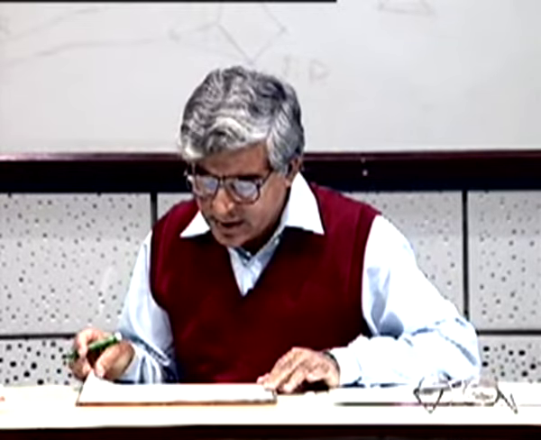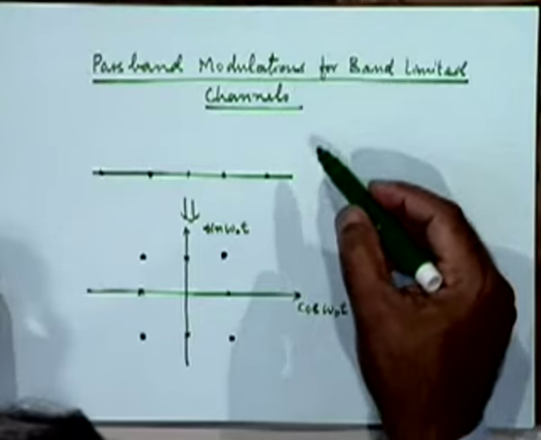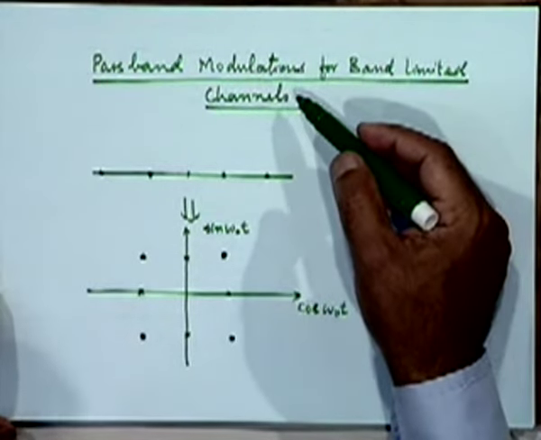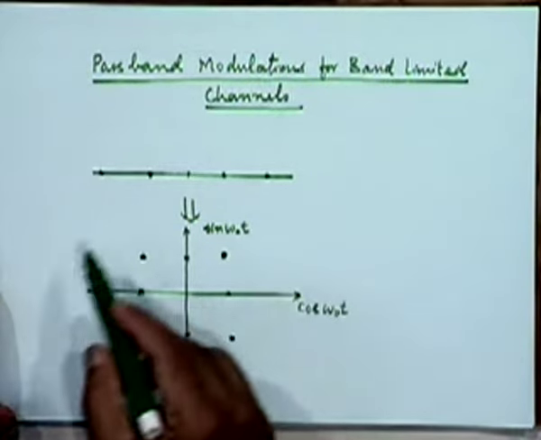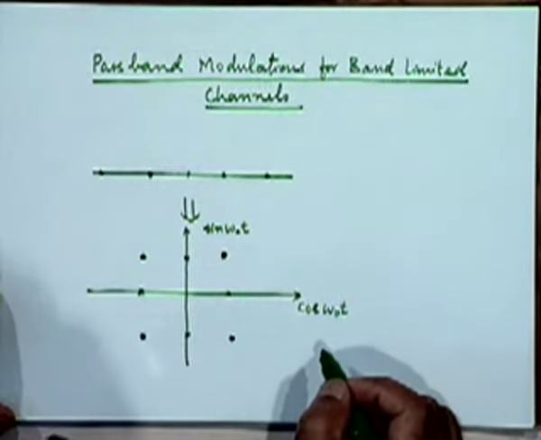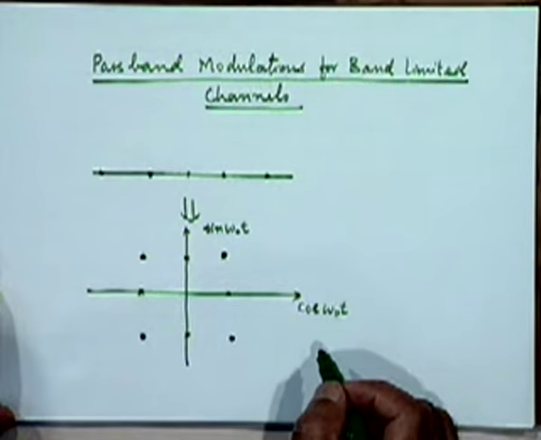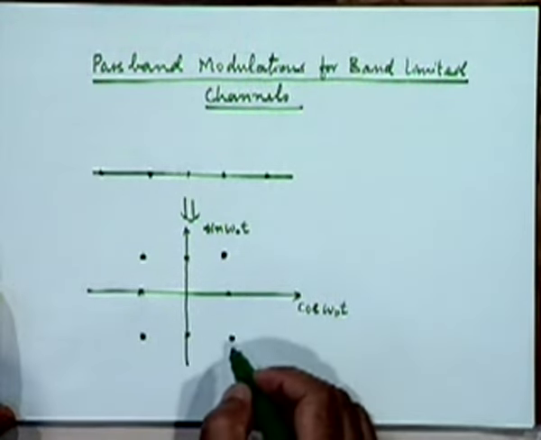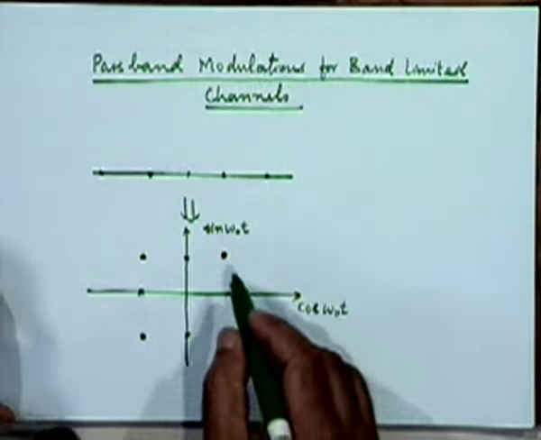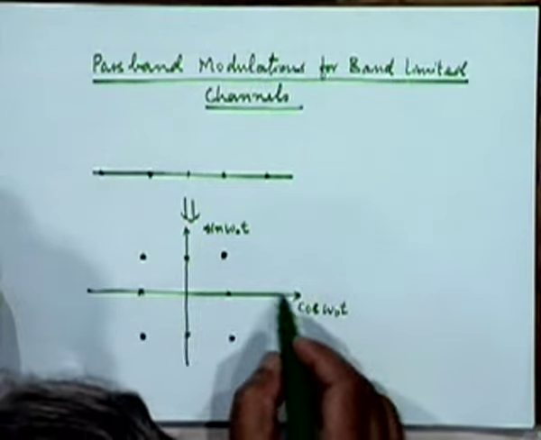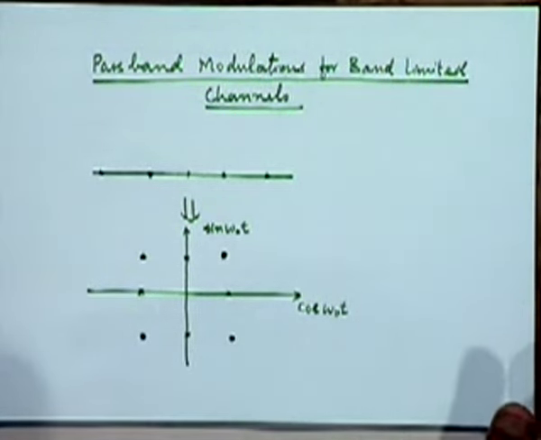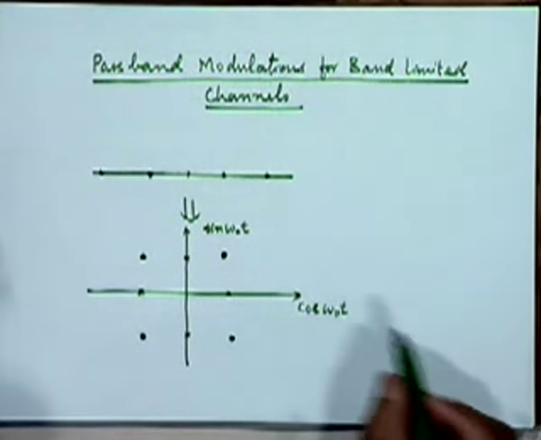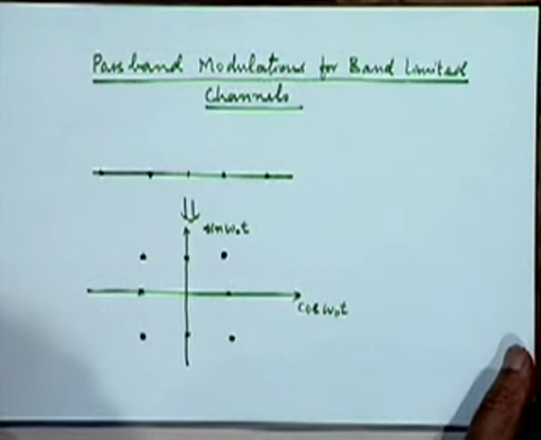So essentially we can therefore say that passband modulations, band limited M-ary passband modulations can be represented by a constellation diagram on a complex plane by specifying a set of points on the complex plane where the real and imaginary components of this can be thought of as quadrature carriers, right.